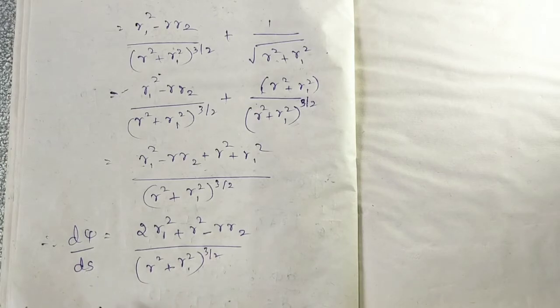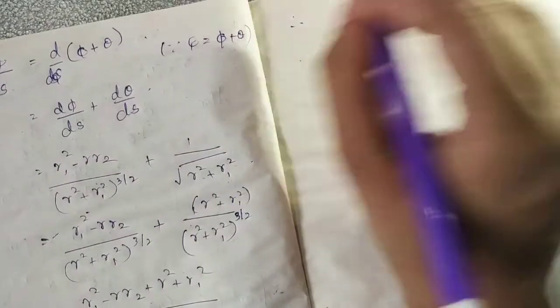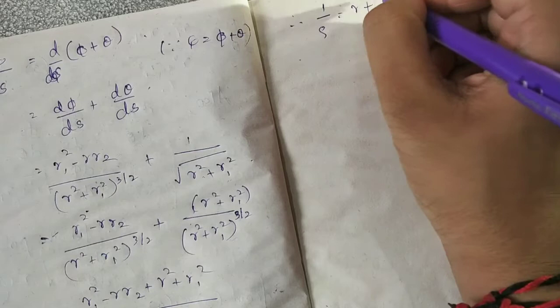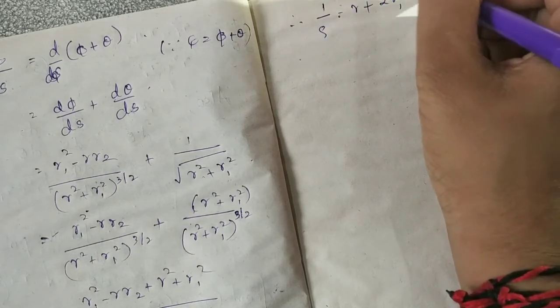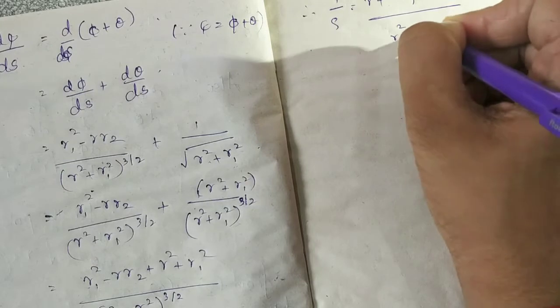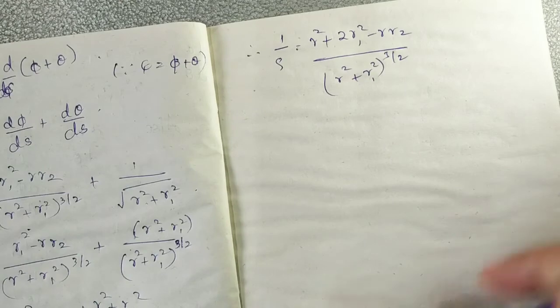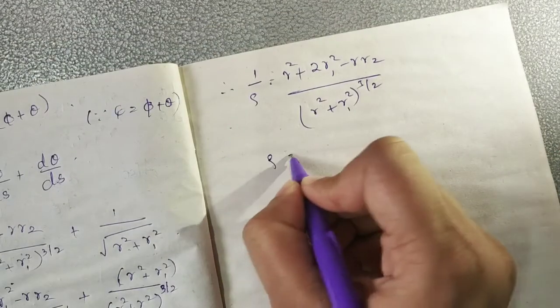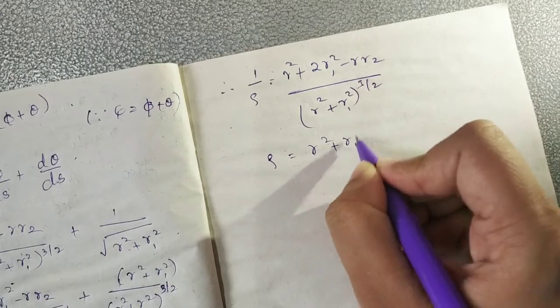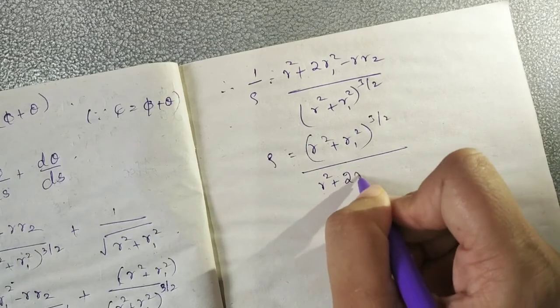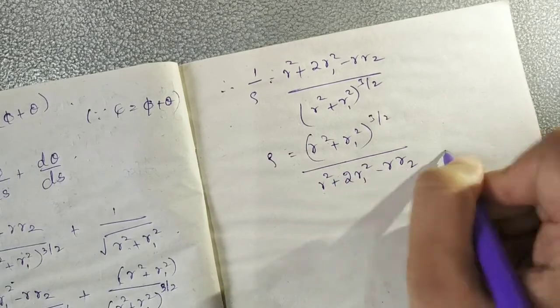So we know the value of rho. Rho is nothing but ds/dψ. Therefore the reciprocal of this will be 1/ρ equal to (r² + 2r1² − r·r2) divided by (r² + r1²) whole raised to 3/2. Now ρ equals (r² + r1²) raised to 3/2 divided by (r² + 2r1² − r·r2).